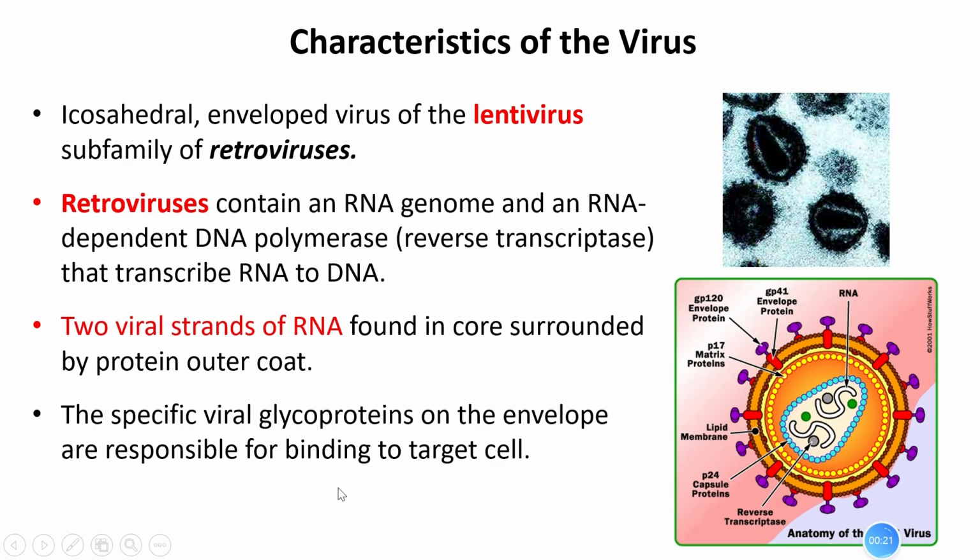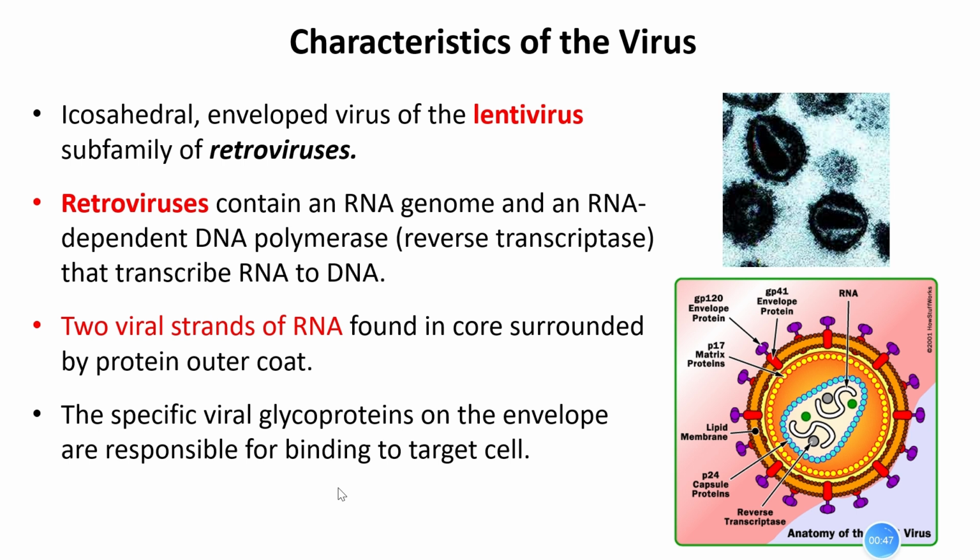And let's learn about the characteristics of the virus. HIV virus, its capsid is icosahedral, the cubic symmetry. The virus is enveloped, so there is a membrane envelope surrounding the particle.